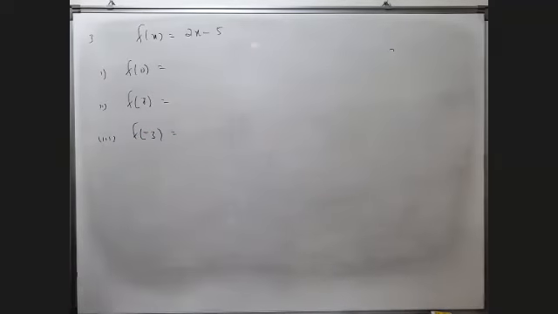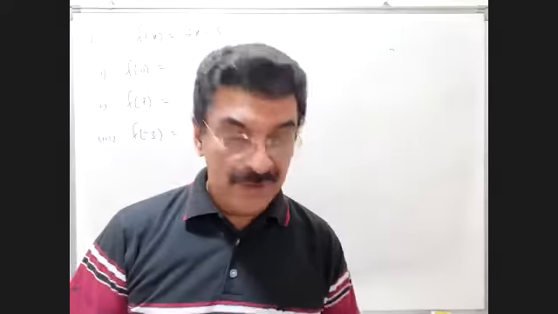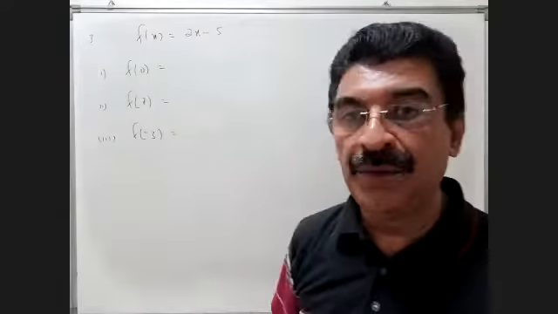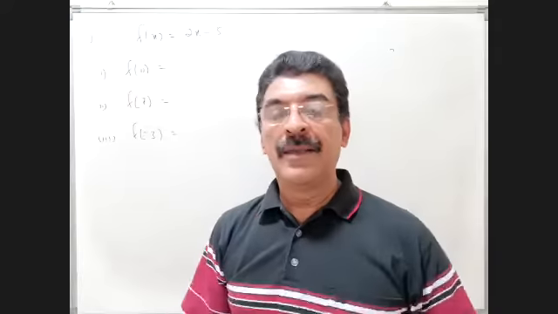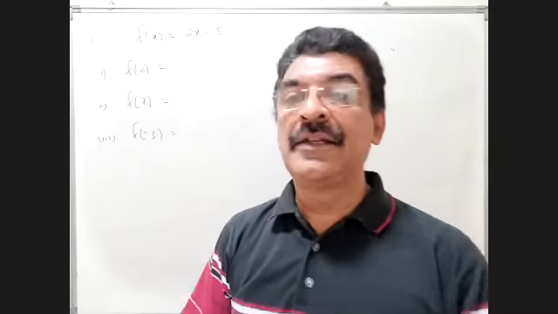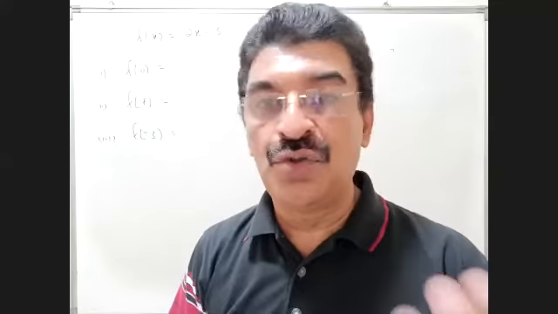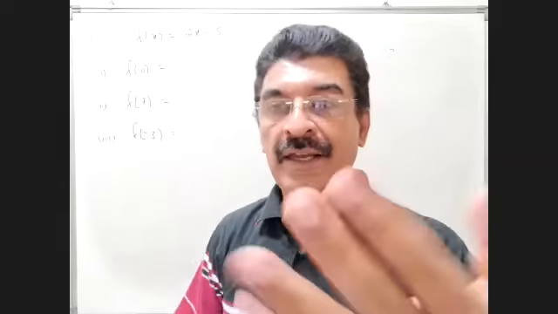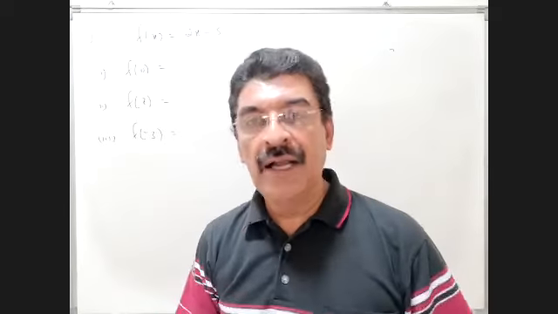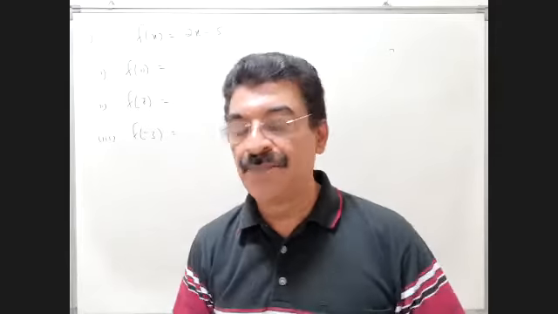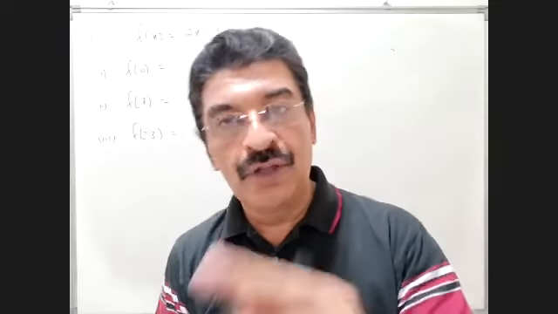You read such questions in class 9 also, polynomials, value of polynomial, p of x, p of 1, p of 2. It's nothing, f of x is given. I said question number 2 and 5 we will do last. First we will do 3 and 4, then we will come back to 2 and 5.